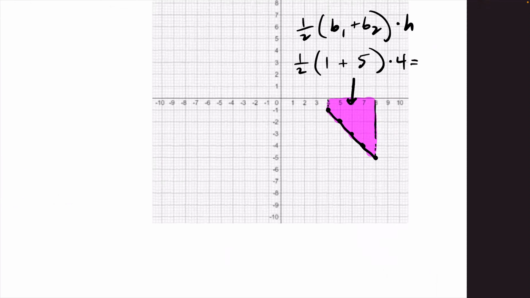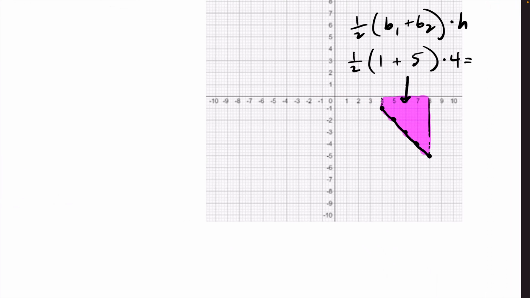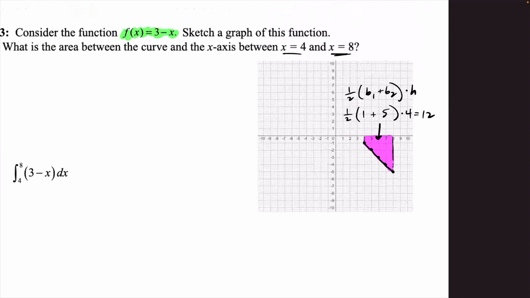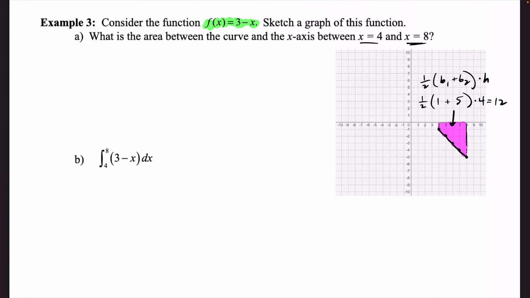So 1/2 times 6 is 3, times 4 is 12. If you put 12, you'd get it wrong. Why? It's got to have the negative sign.